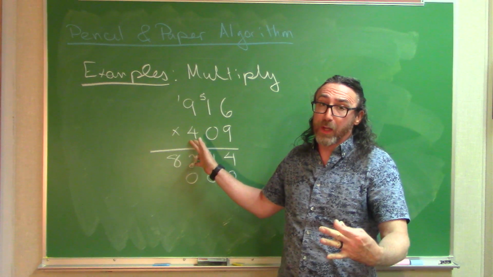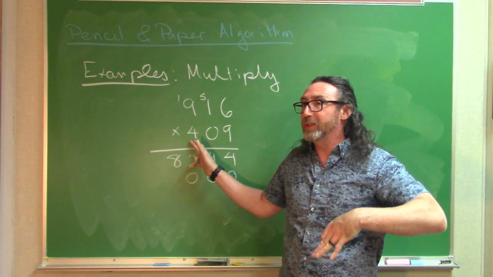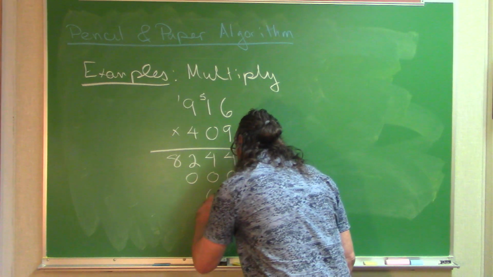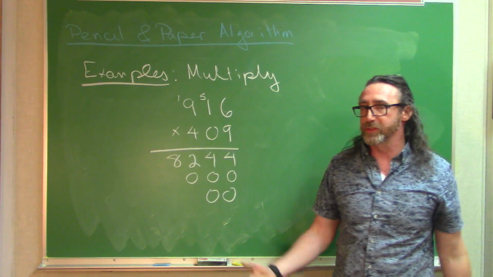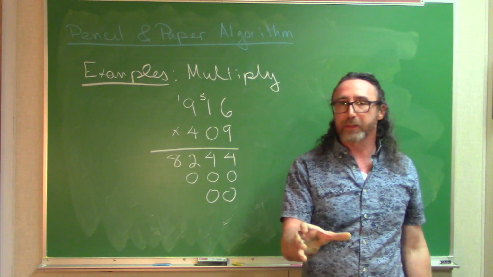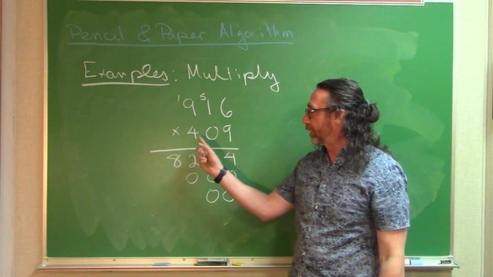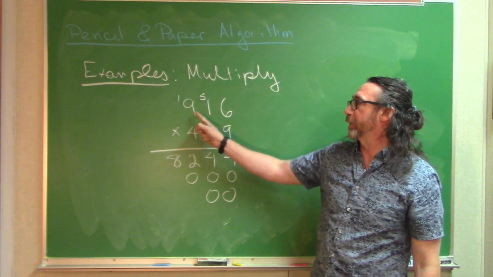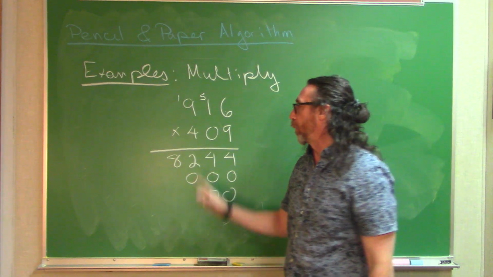But if we're multiplying by 400, that's just as easy as multiplying by 4, provided we put two placeholder zeros at the end. Whenever you're hitting something with a multiple of 100, you're going to get those two zeros at the end. So we'll do that here, and then concentrate on multiplying 916 times 4.